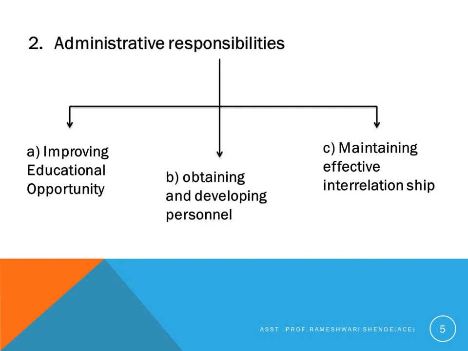Then the second important responsibility of vice principal is obtaining and developing personnel. In that, he has to evaluate the performance of teaching and non-teaching staff, plan and direct in-service training programs, appoint new staff, and provide for observation of teaching and non-teaching staff. So all this work is included in obtaining and developing personnel. Then the third important responsibility of vice principal is maintaining effective interrelationship.